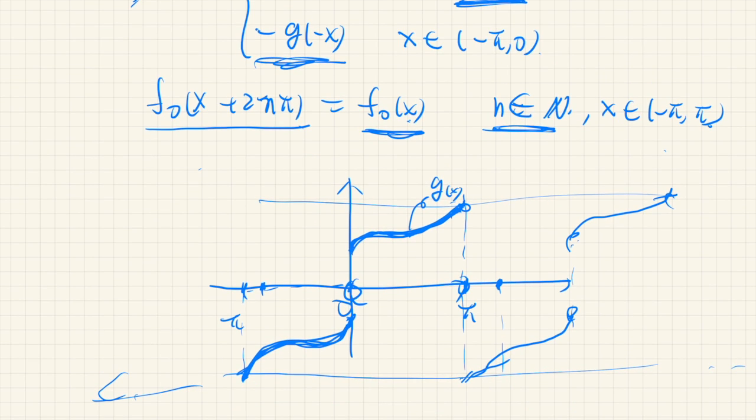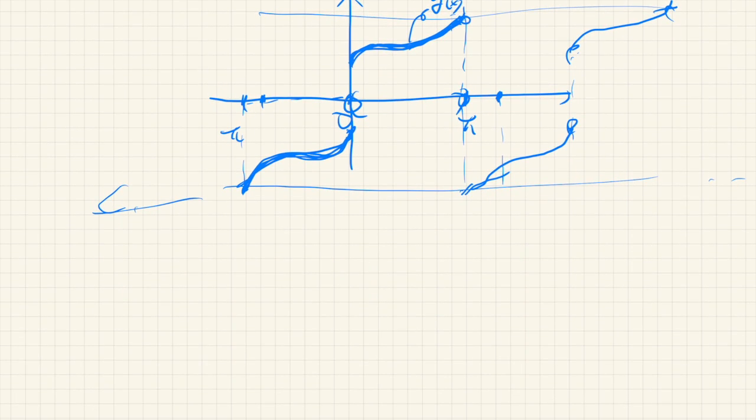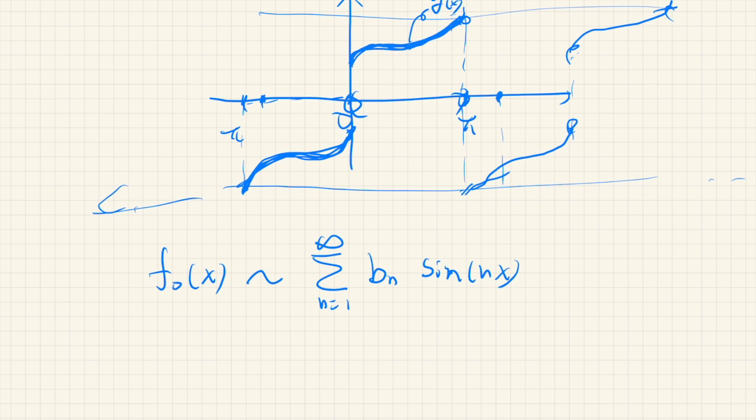Now for this fo, we can find the Fourier sine series. So fo of x may have the Fourier sine series, something like this, sine nx.